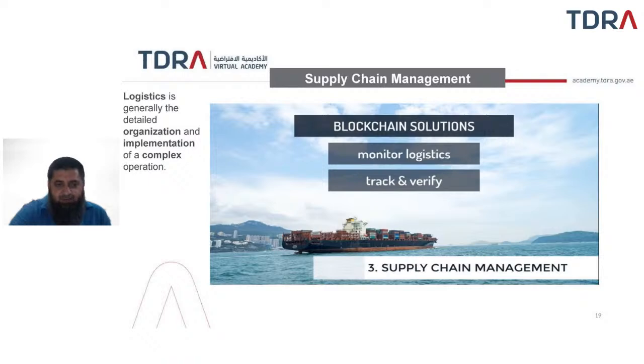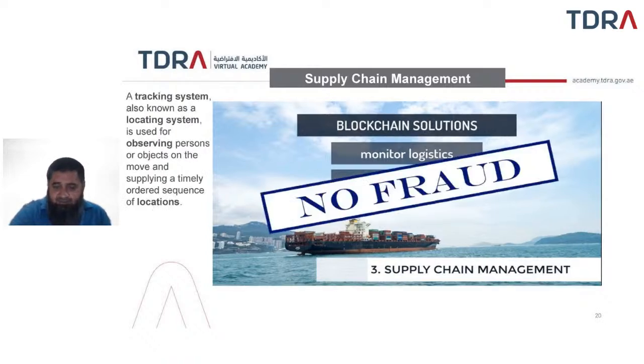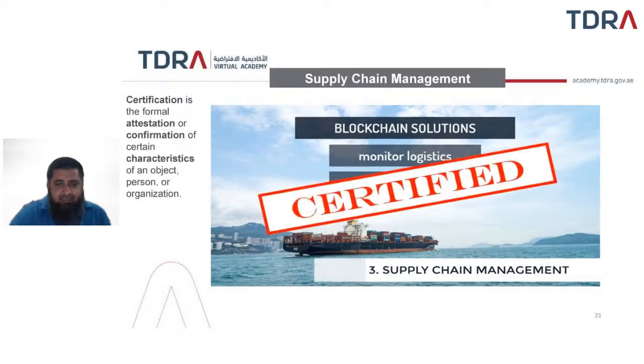So this whole process can be smoothened with the help of blockchain, because there is immutability and transparency, and there is a decentralized distributed system where no third party can interfere or delay the process. So we can avoid fraud. There is no fraud, and certified data is provided on the blockchain for the supply chain.